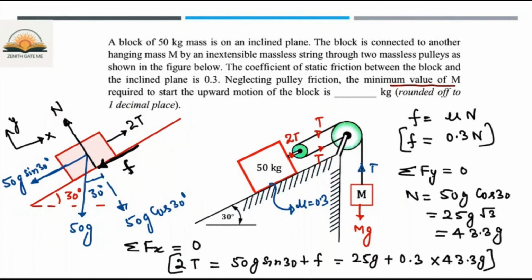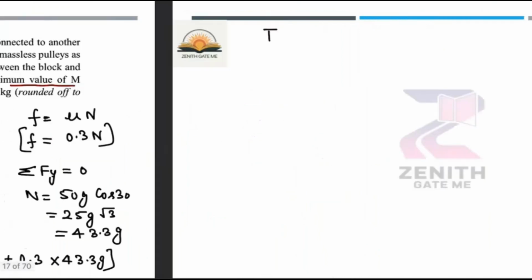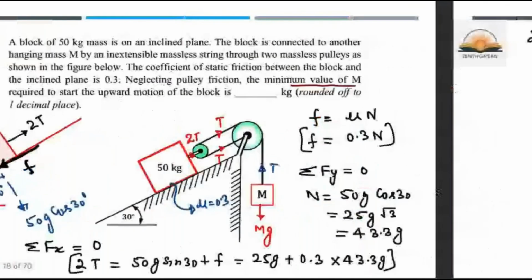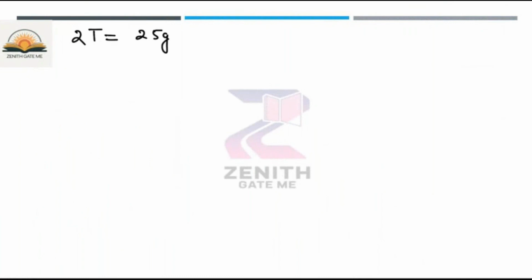From here, you know that if you see this particular block, this tension force is equal to mg. Let me take the next slide. So the 2T value you got as 50g sin 30, which is 25g, plus 0.3 into 43.3 g.